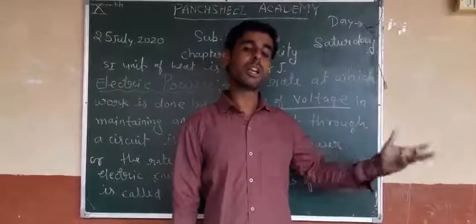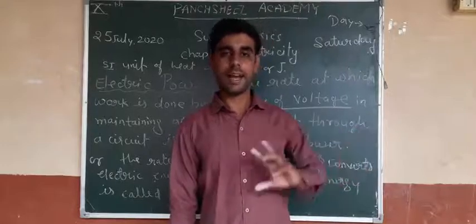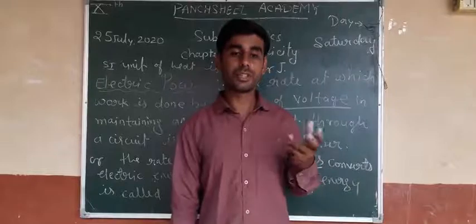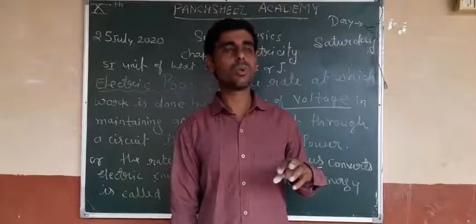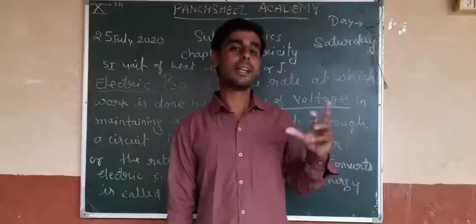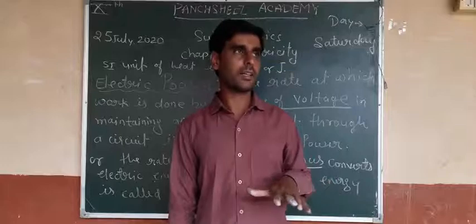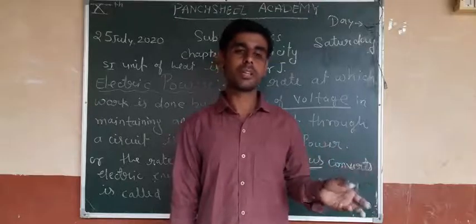At which rate does it convert electrical energy into light energy? For example, the fan: at which rate does the fan convert electrical energy into mechanical energy? Electric iron: at which rate does it convert electric energy into heat energy?